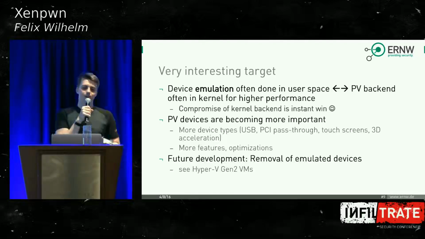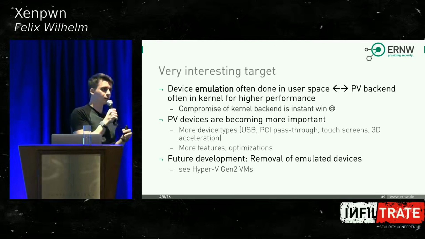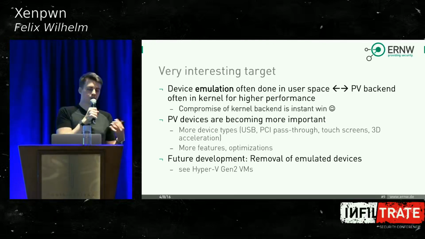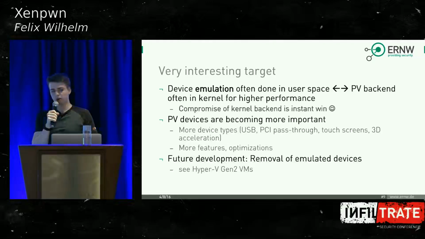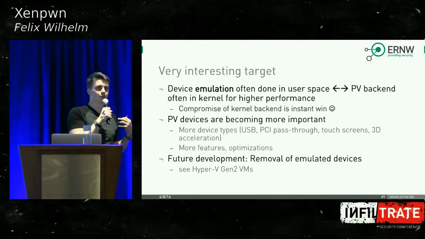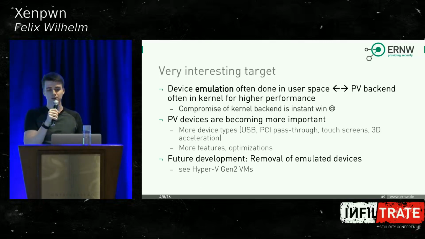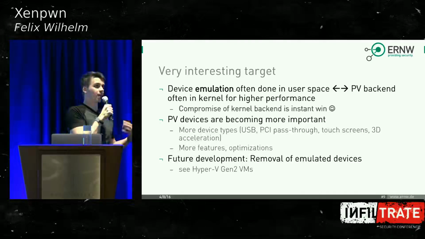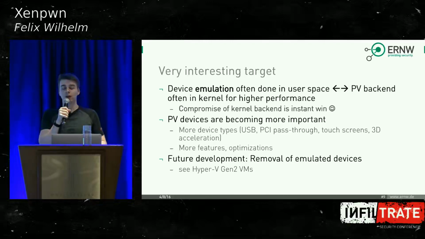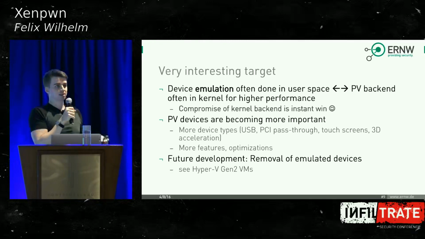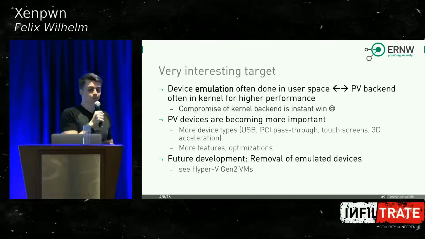And then you see that para-virtualized devices are also becoming more and more important. All the vendors support more different device types. Nowadays you have support for PCI pass-through. You want to support virtualized touchscreens, for example, for desktop or laptop systems. You have acceleration in your virtual machine, and all this stuff is implemented using the same mechanisms as the classic para-virtualized devices.